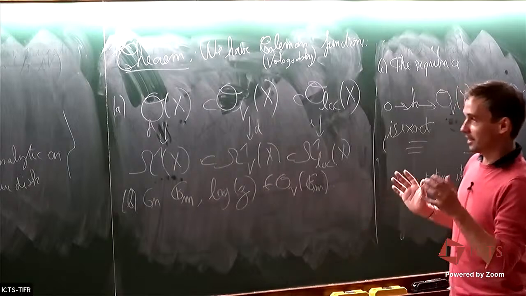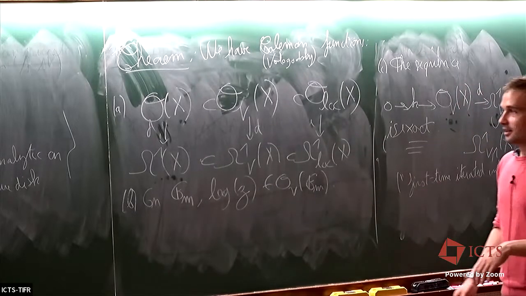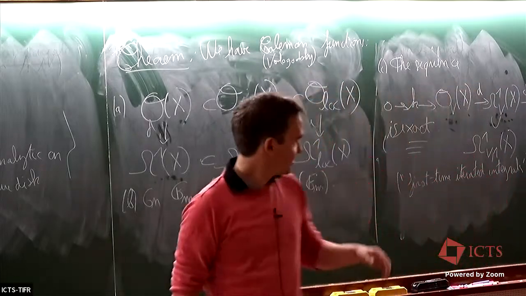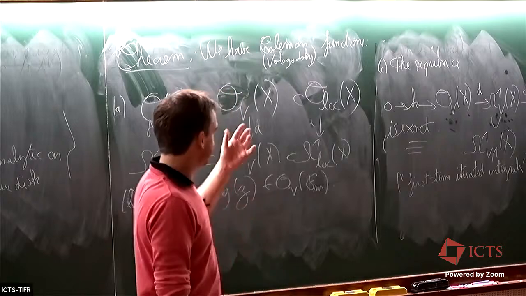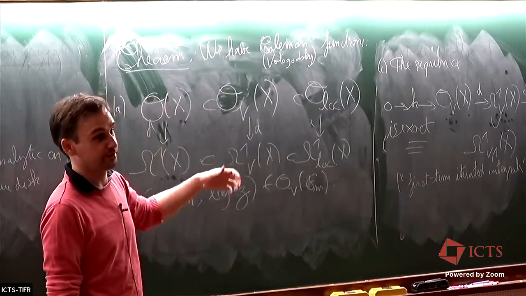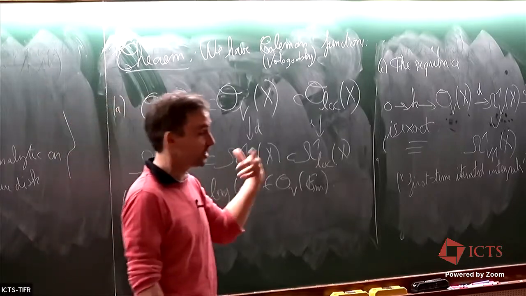So basically they just define what are called Vologodsky functions, and that's basically what it does. It extends the notion of regular functions with connections, and with connections you can define more functions because you integrate.